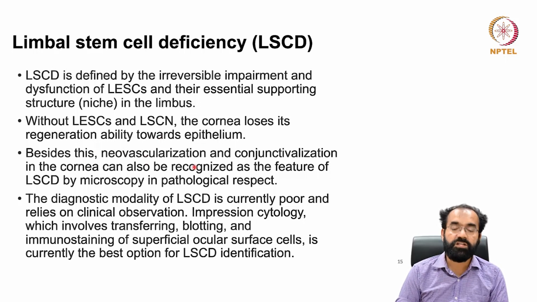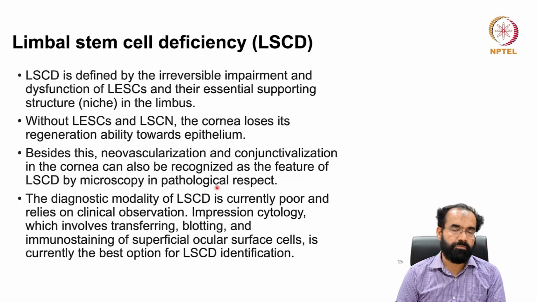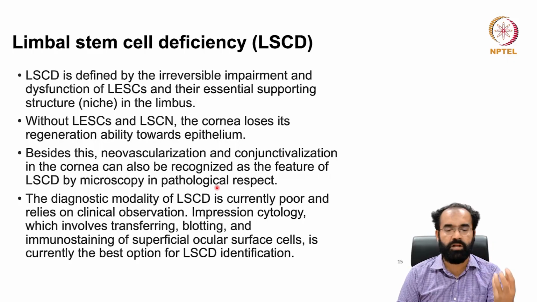Besides this, neovascularization and conjunctivalization in the cornea can also be recognized as features of LSCD by simple microscopy in a pathological angle. Microscopy means you can put it near the eye and visualize it, which doctors will do. The diagnostic modality of LSCD is currently poor and relies on clinical observation only.